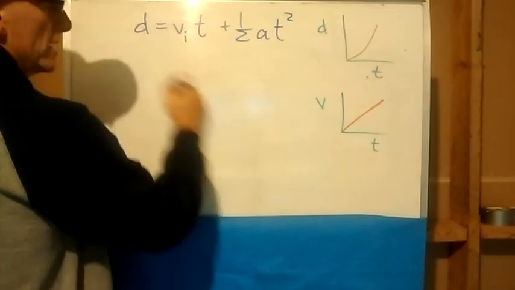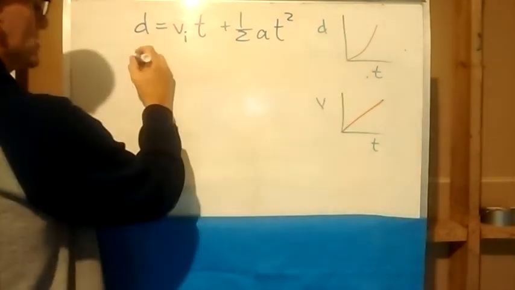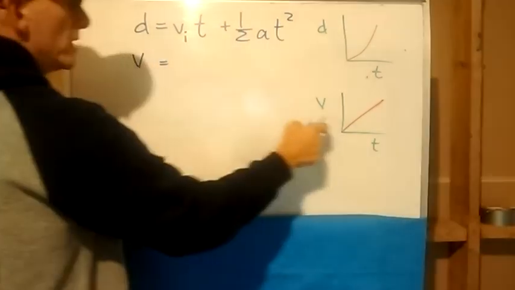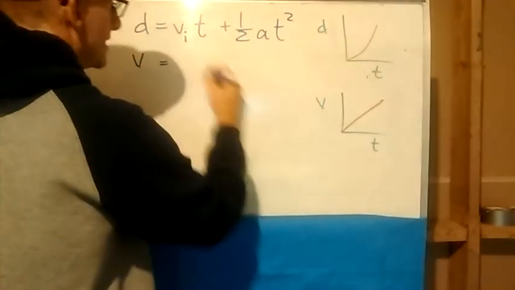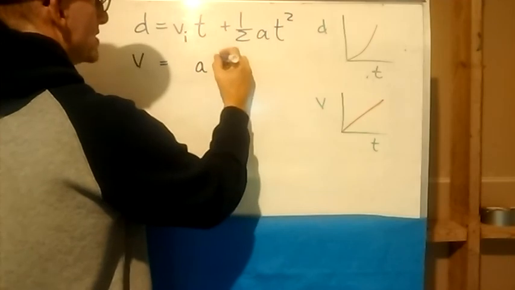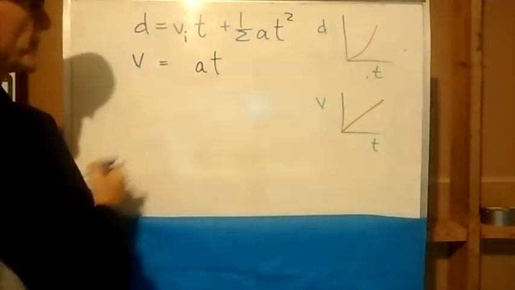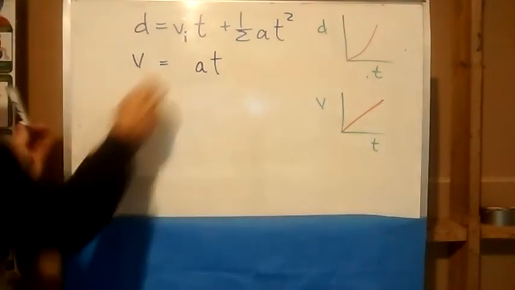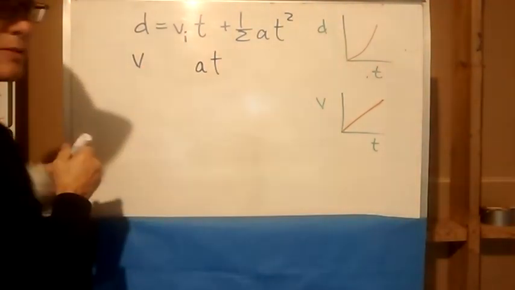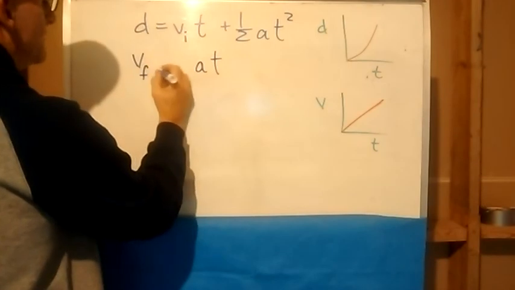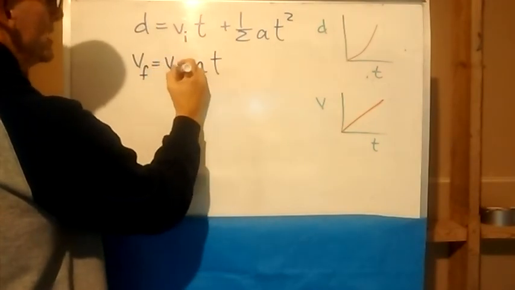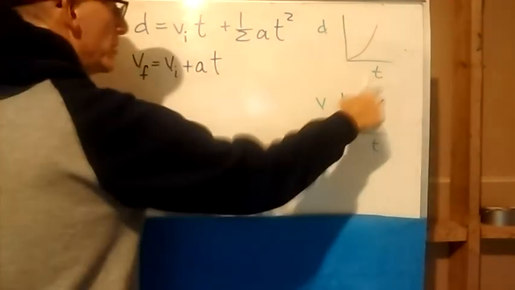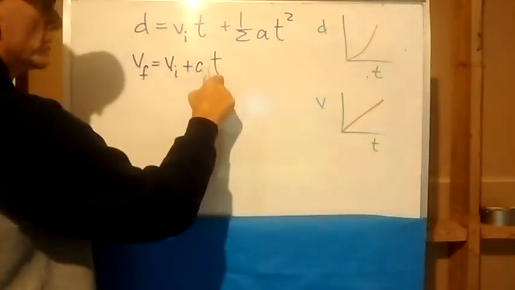So that straight line equation is actually v is equal to some sort of constant, which in this case is the acceleration, times t. But there's a little more to it. Just to expand this equation to look like the one that we see in the textbook, it's v final equals v initial plus at. So there's the slope, the a, and there's the variable t.